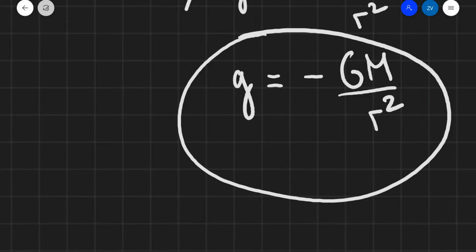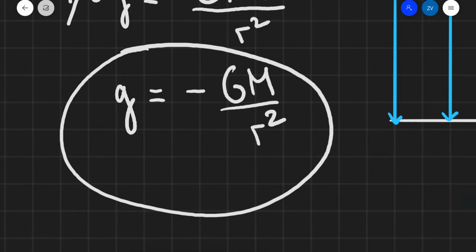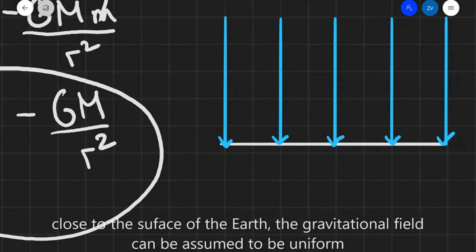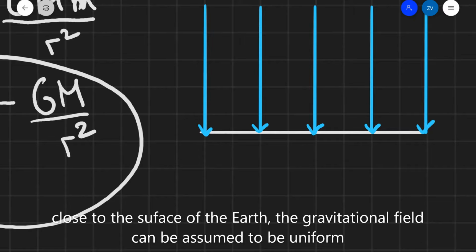Additionally, the gravitational field strength can be approximated as being uniform close to the surface of the Earth. If that's the case, the field is also uniform, and the way we represent this is with parallel lines that always enter the surface at 90 degrees that are equidistant.